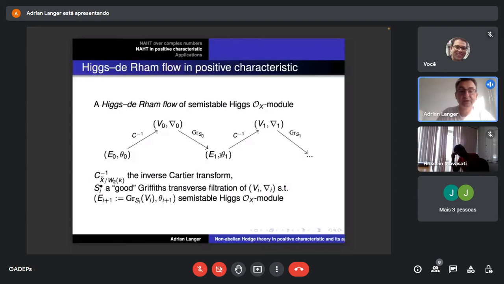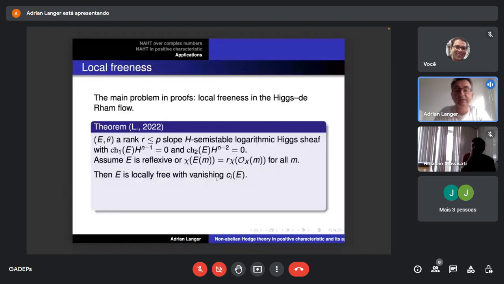If you have a slope semi-stable logarithmic Higgs sheaf with vanishing first and second Chern character, and if you assume that this sheaf is reflexive, or the normalized Hilbert polynomial of this sheaf is the same as the Hilbert polynomial of the structure sheaf, then these assumptions imply that your sheaf is actually locally free. And actually, from the vanishing of the first and second Chern character, it follows that all the Chern classes of your E vanish.